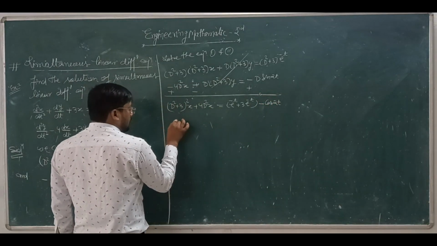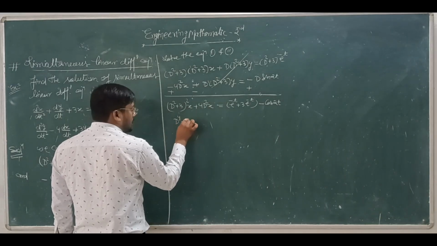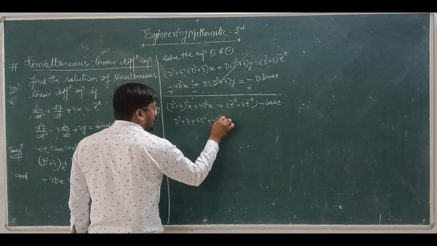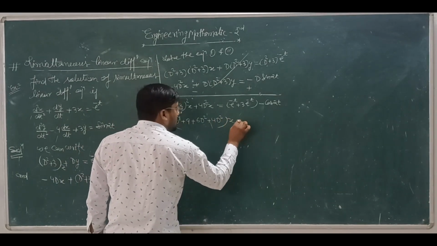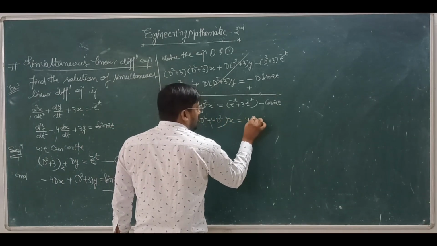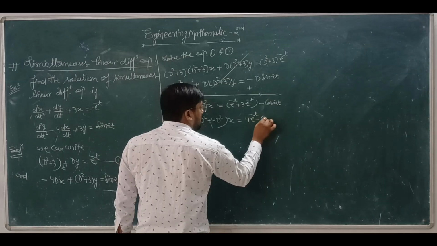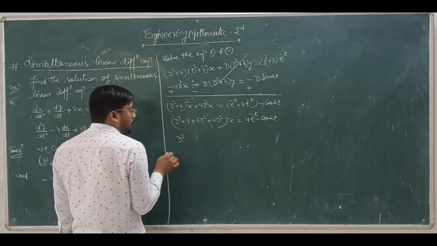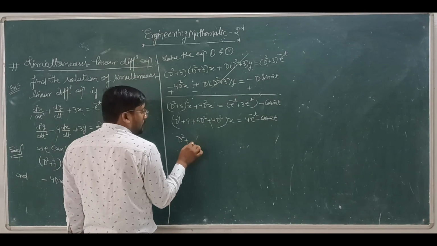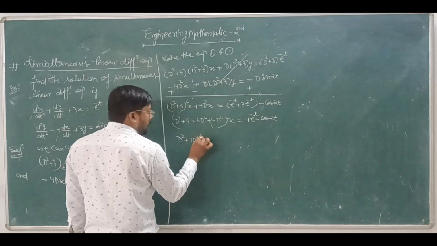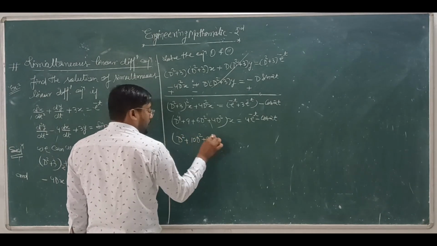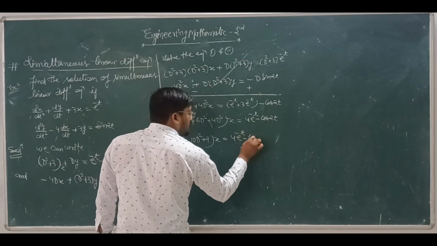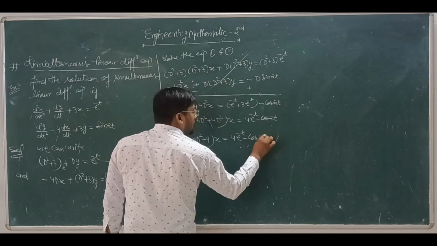Now you can write (D^4 + 9 + 6D^2 + 4D^2)x = 4e^(-t) - cos 2t. Now you can write (D^4 + 10D^2 + 9)x = 4e^(-t) - cos 2t.